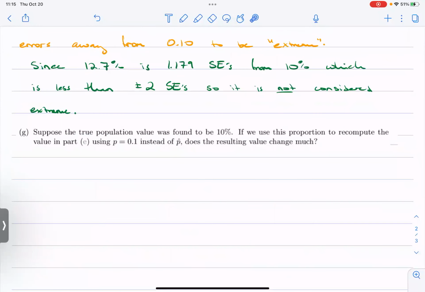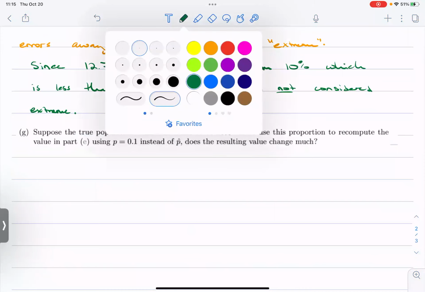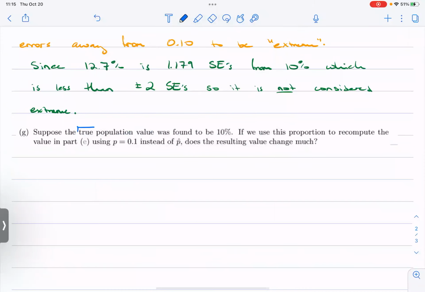Suppose the true population value is found to be 10%. What does this mean? This means that we're being told that P equals 0.1, the population proportion. If we use this proportion to recompute the standard error, instead of P hat, remember we were supposed to have P, but we don't have it.